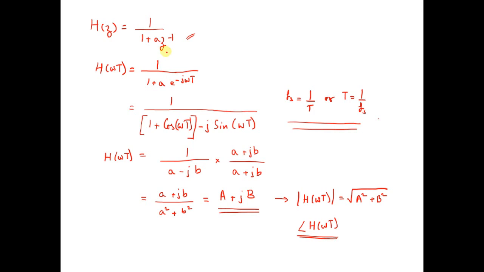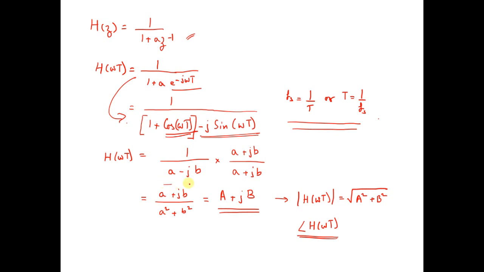Now we are interested only in the frequency axis, which is e to the power j omega t. What is e to the power j omega t? It is nothing but cos omega t minus j sin omega t. So you can put this equation in this format. What do you get? You get this.